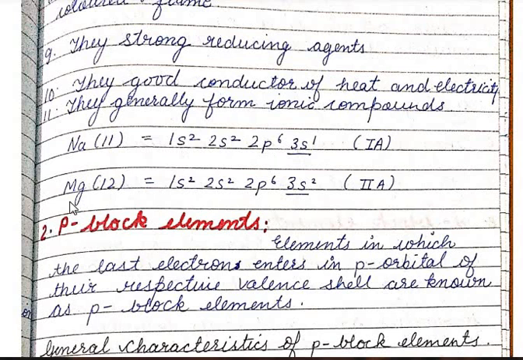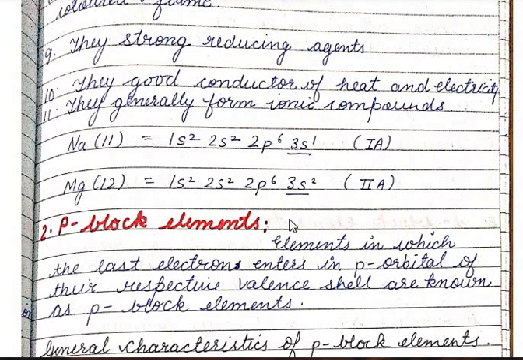In the same way, magnesium with atomic number 12, an element of the second A group, has electronic configuration 1s2, 2s2, 2p6, 3s2. The valence shell electronic configuration of this element is 3s2.